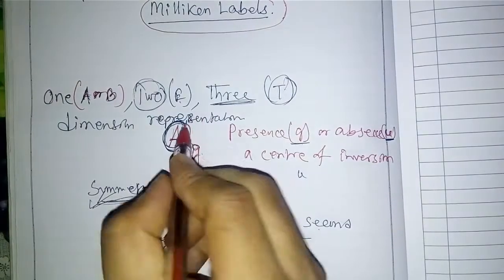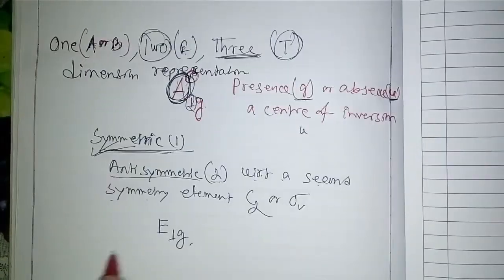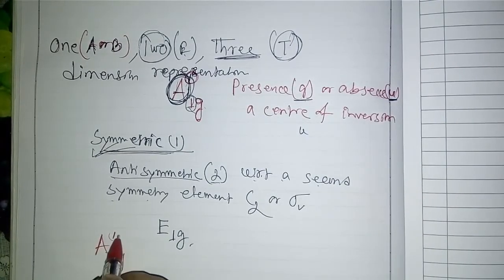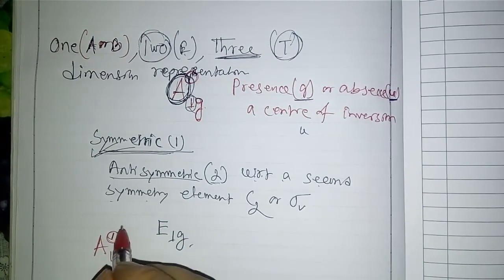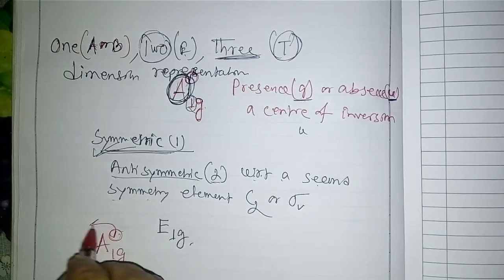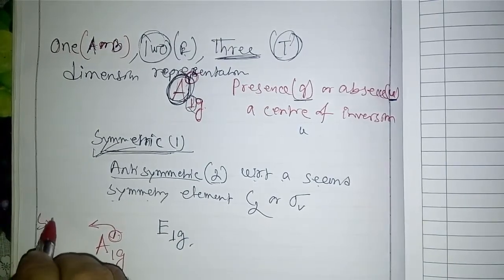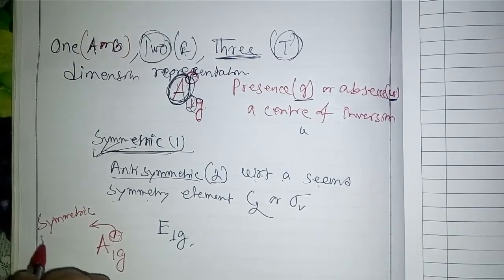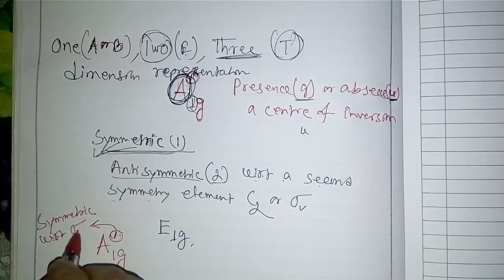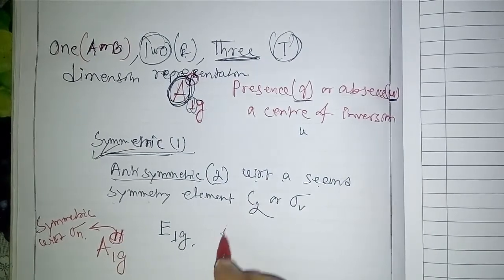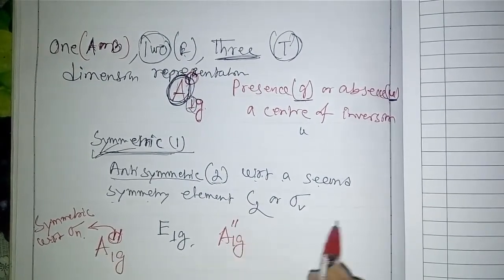Oh, one more here, see, this one is prime like this, A1g prime. So what is the meaning of prime? This single prime is called symmetric with respect to sigma h. With respect to sigma h, this one is symmetric. Suppose here double prime, that means A1 double prime.